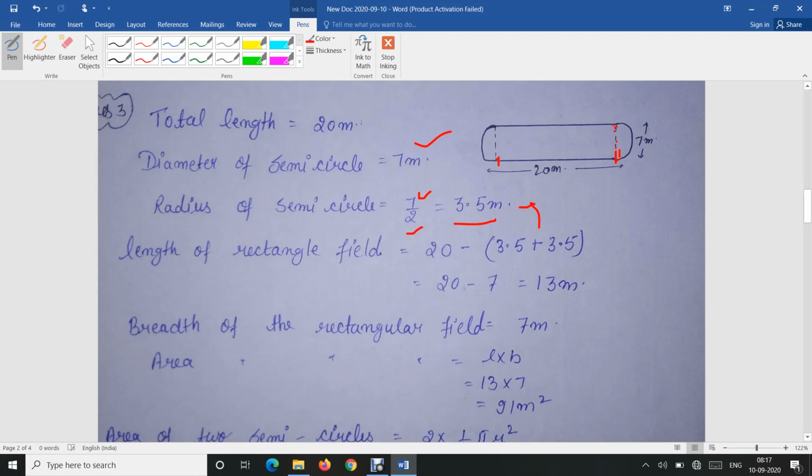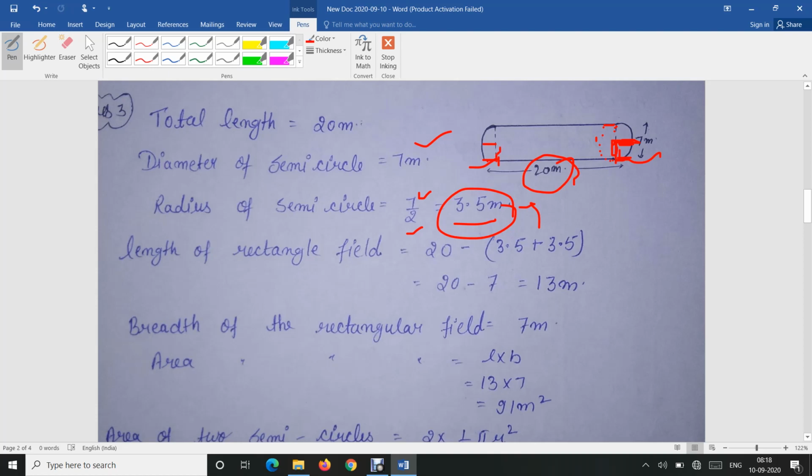See, if I draw the full circle, then this will be the radius and also this will be the radius. From this center point to the edge of the circle is also the radius, and we know the radius is 3.5 meter. If this portion is 3.5 meter and also this portion is 3.5 meter, then we can subtract this 3.5 and this 3.5 from 20.